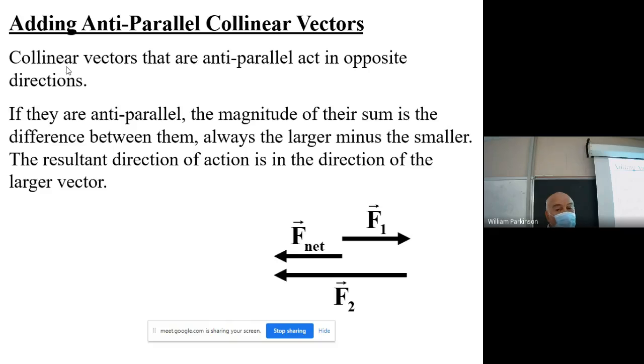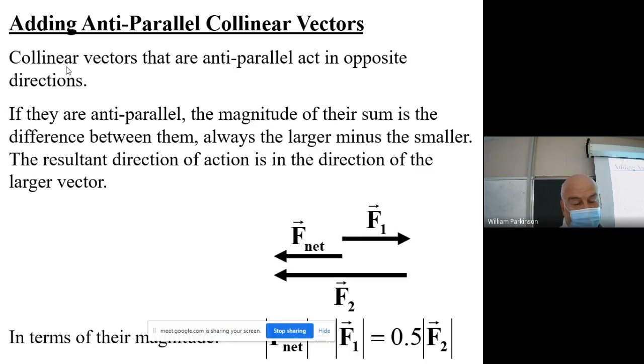As a matter of fact, you're wasting half of your pushing because your buddy is pushing in the opposite direction, which is canceling your action. So if the vectors are collinear or lie in exactly the same direction, but are anti-parallel, then you subtract them. And the direction of the winning vector is in the direction of the one of the greatest magnitude.